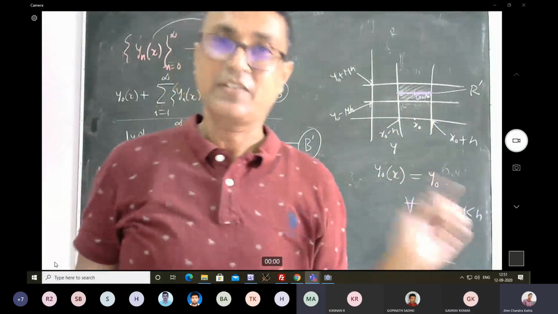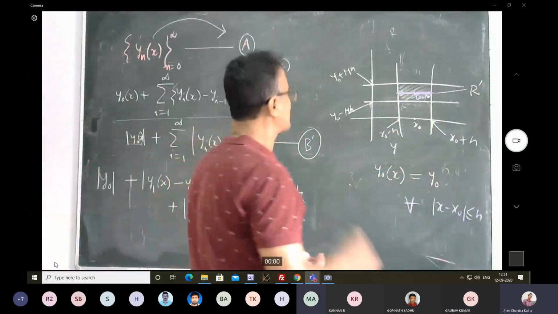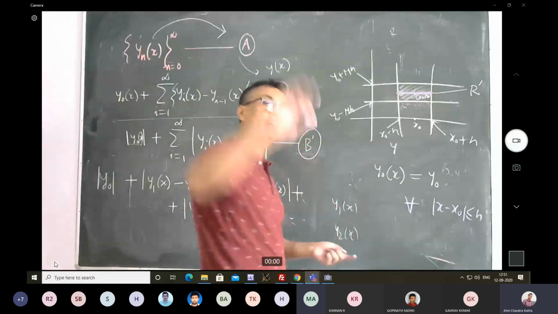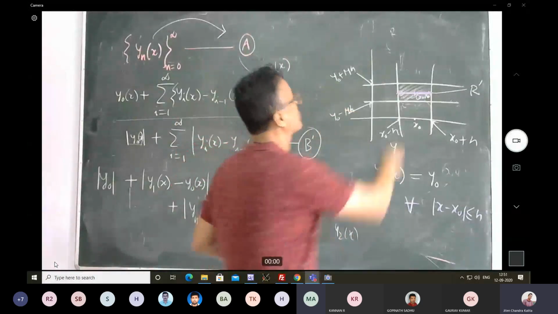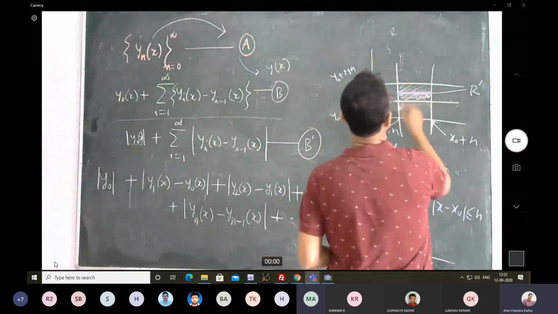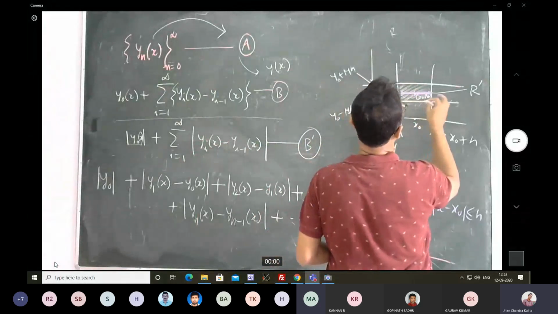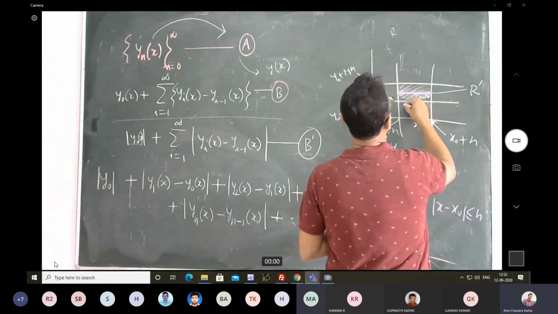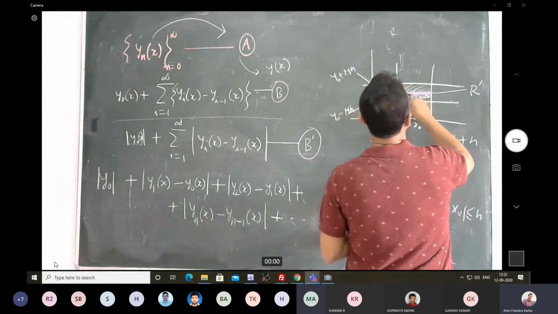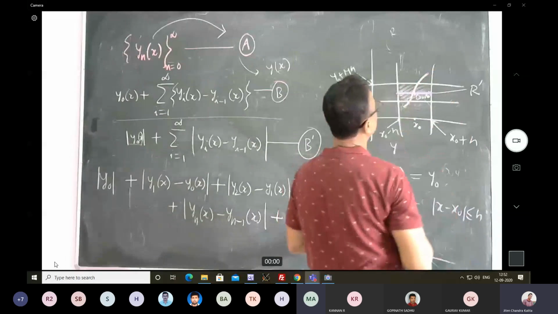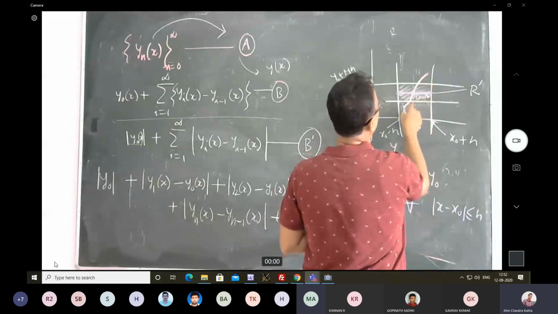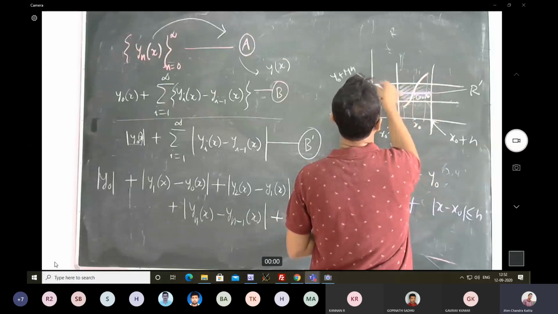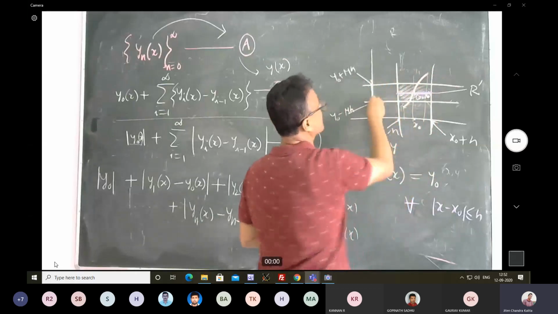But what is the guarantee that y1(x), y2(x), defined in the way that we have defined, will also belong to this? Who knows? It may be so that my curve may look like this. For all the values lying in this interval, you can see that it has gone beyond this range.